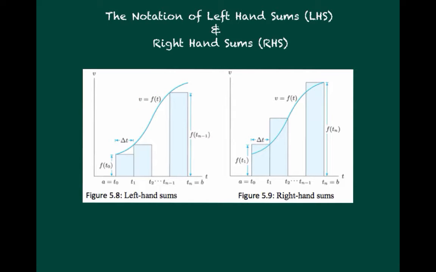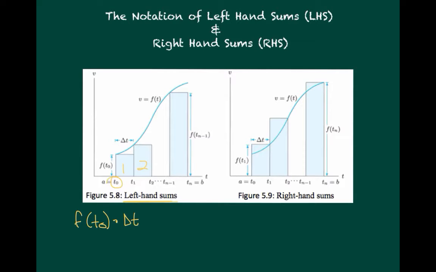So if I want to look at the first rectangle here, if I were calculating a left-hand sum, the area would be f of t at the left-hand endpoint of the first rectangle, so it would be f of t sub naught, times the base, and the base would be delta t.